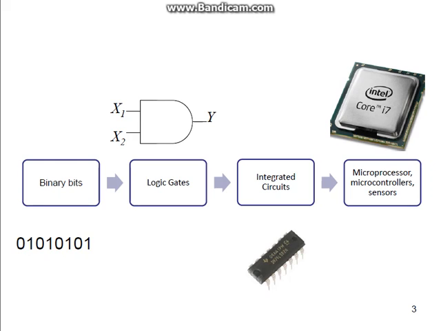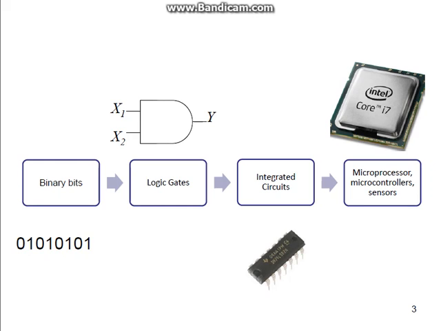So what happens is that this information will go through your logic gates. Logic gates, remember the one in lecture 1 that we have learned, could be a combination of AND gates, OR gates, and whatnot. And these logic gates usually make up a system called the integrated circuits. Basically, in short, we call it as IC.